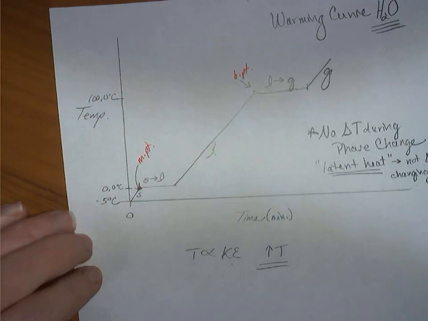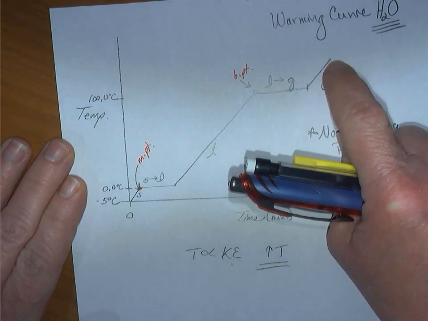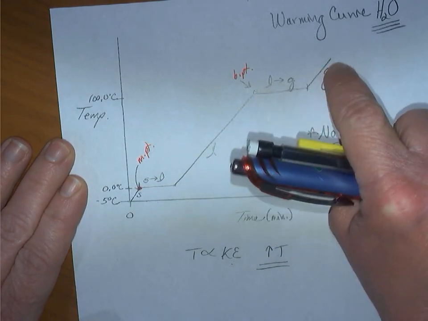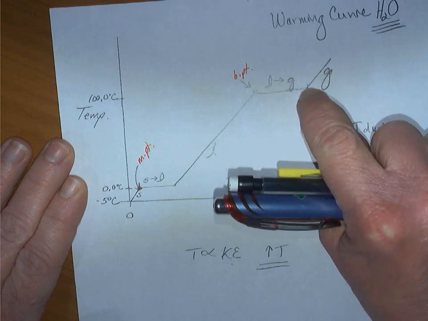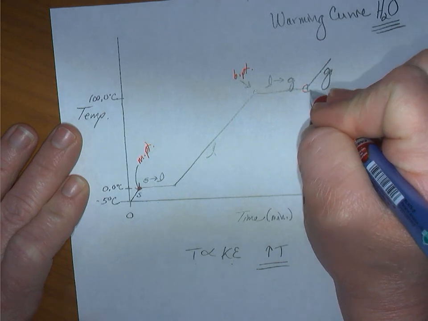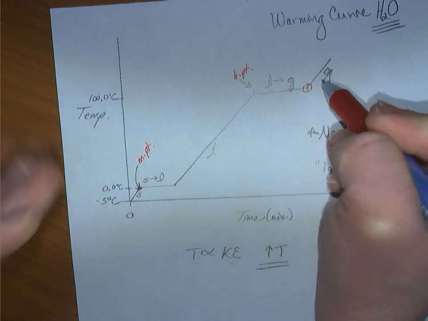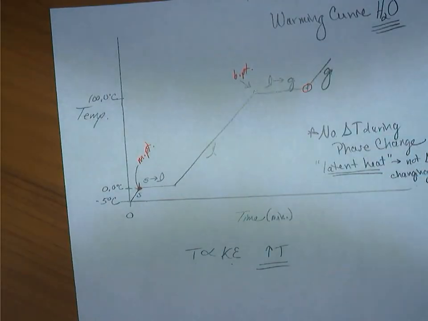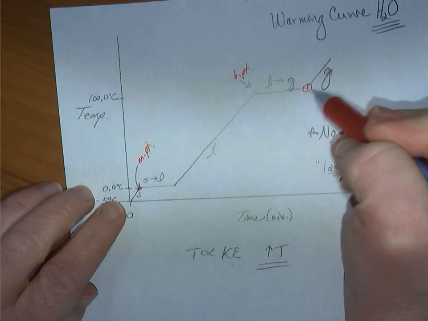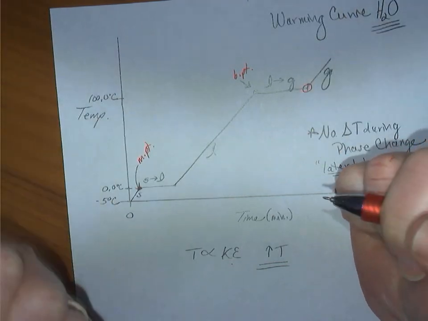Well, what if we started with gas? What if we removed heat? Well, the first place we would start to see gas going to liquid would be here. So in the reverse direction, we'd have to flip over this, and we call it the cooling curve then. We're removing heat.